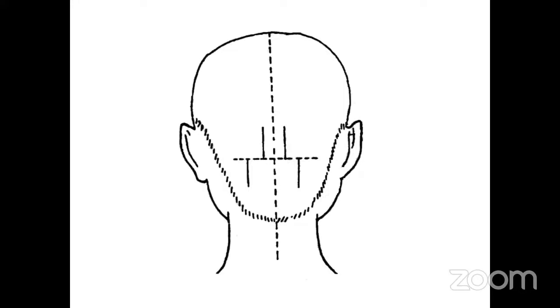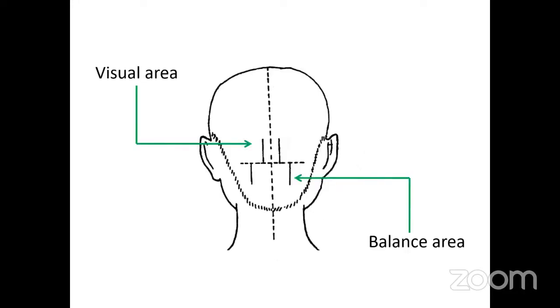Posteriorly, again we have two areas, the visual area and the balance area. They are also parallel to the AP line, and the points are taken from the eyebrow occipital line.